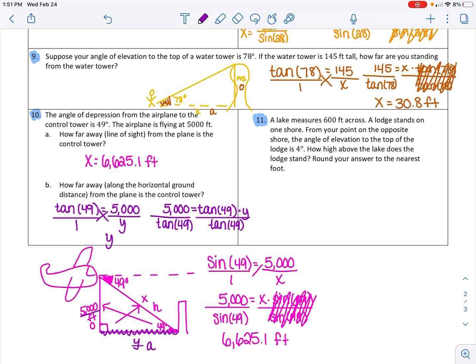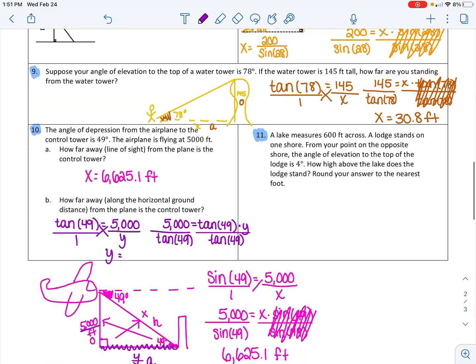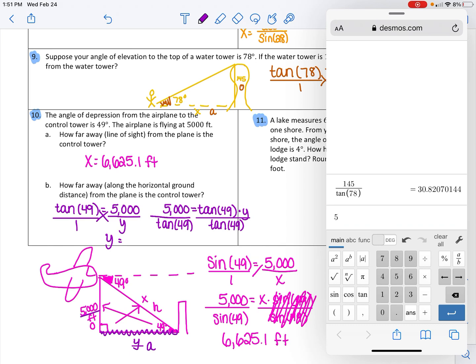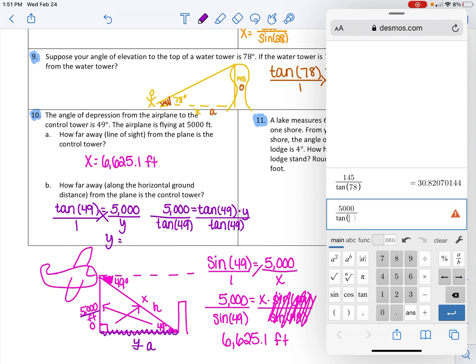Let's go ahead and see what that gives us. 5,000 divided by the tangent of 49 gives us 4,346.4 if we're rounding to the nearest tenth. So we have 4,346.4 feet.